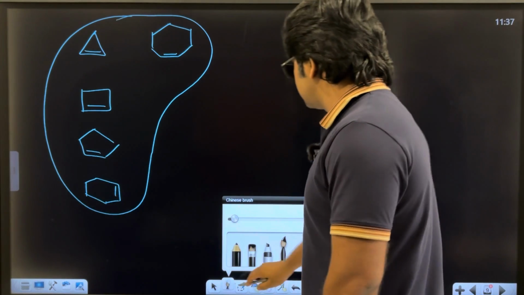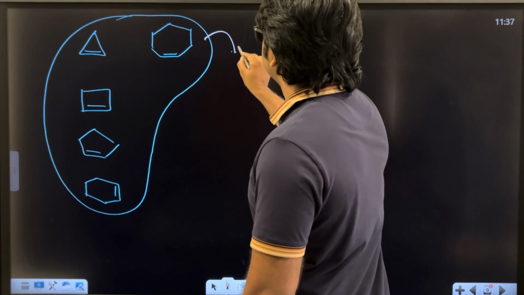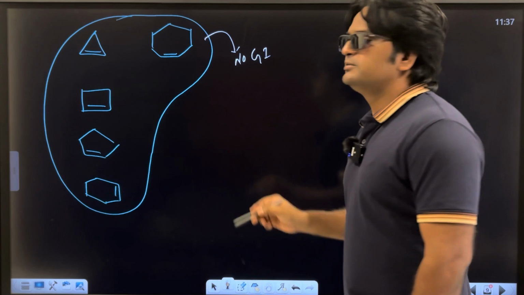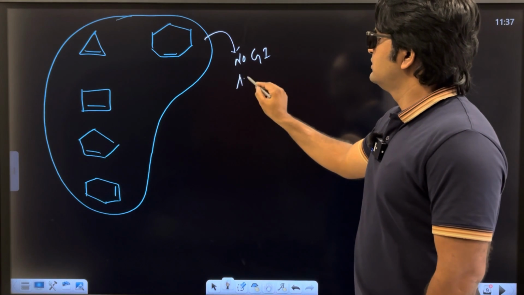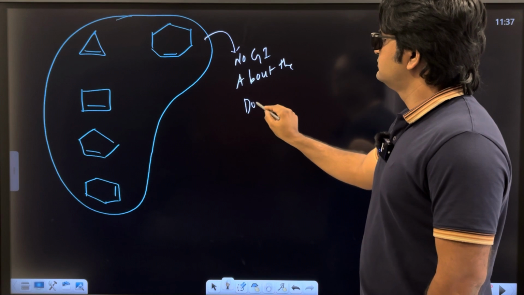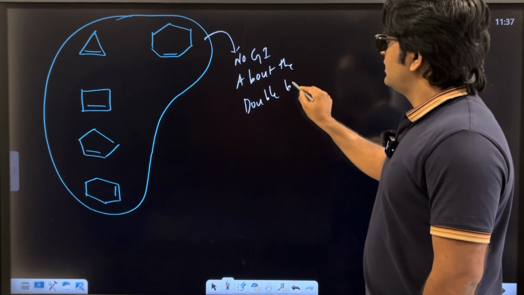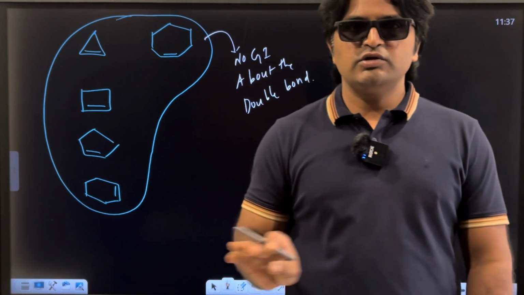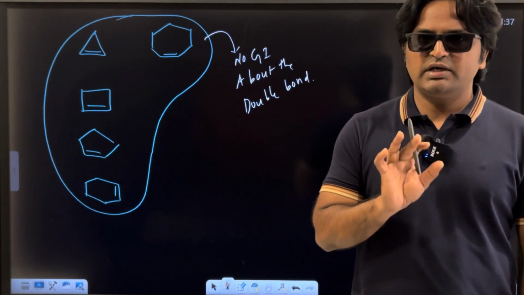Once again I am writing the same statement: no geometrical isomerism about the double bond, whatever the substitution given about the double bond. Very important point.